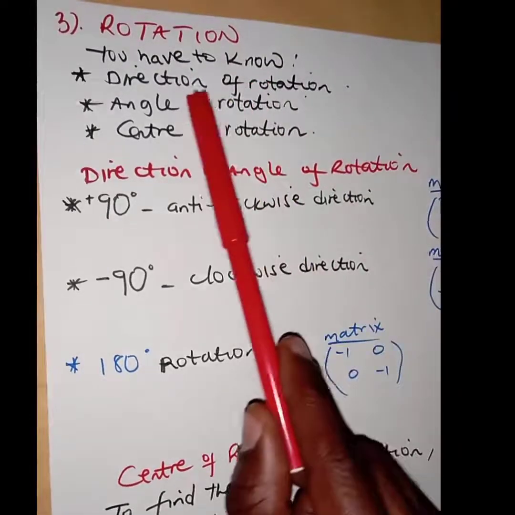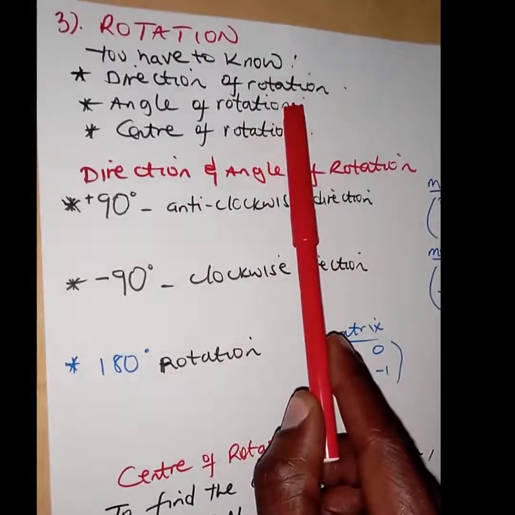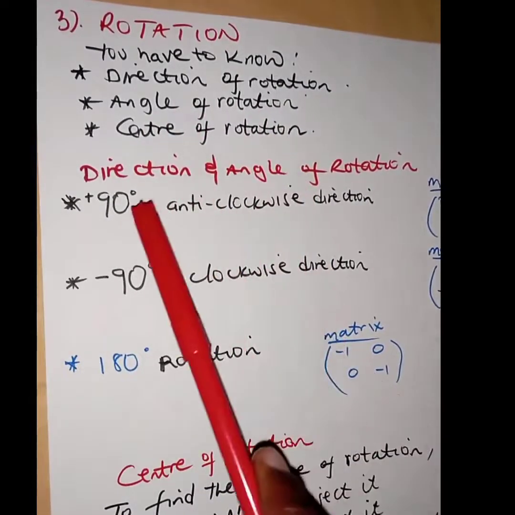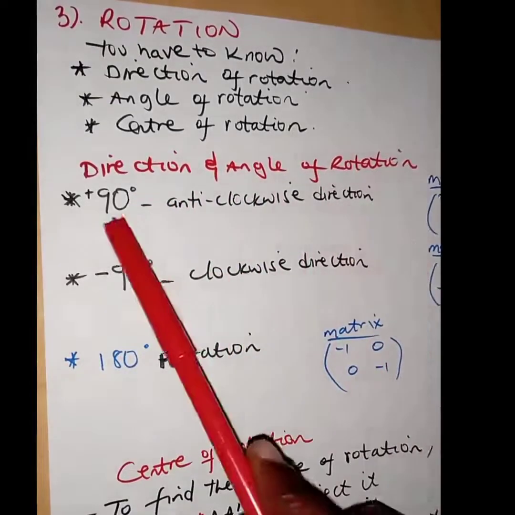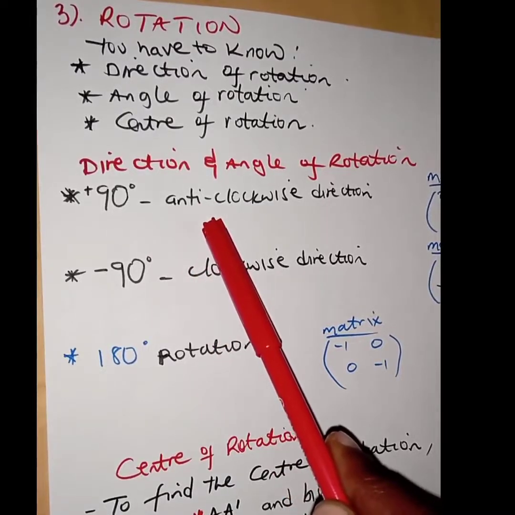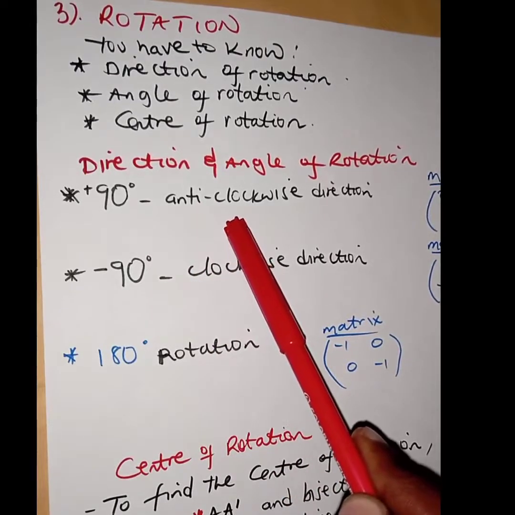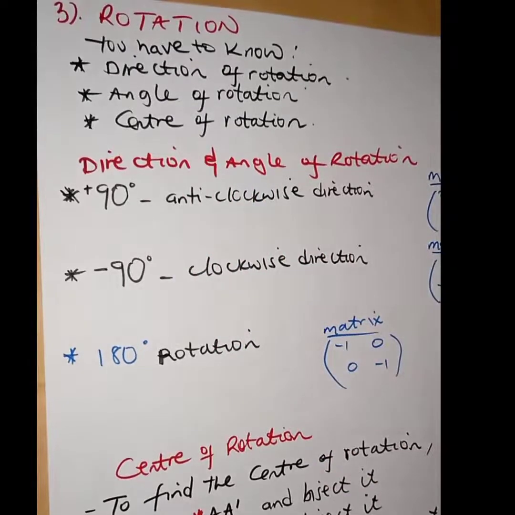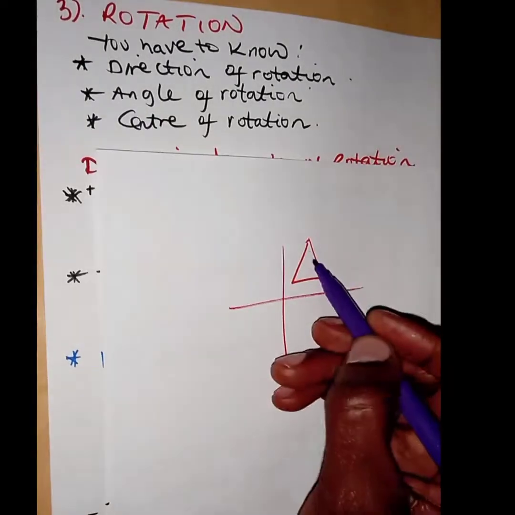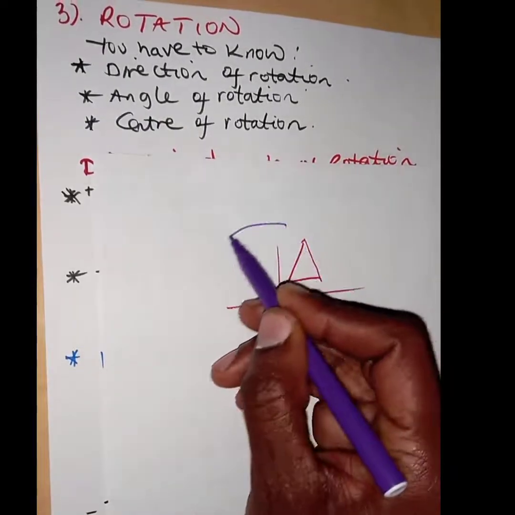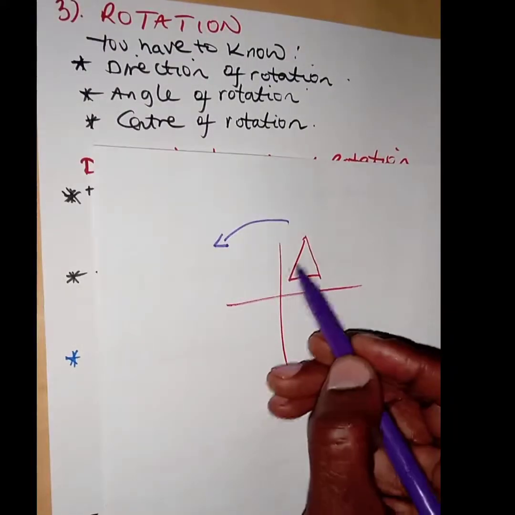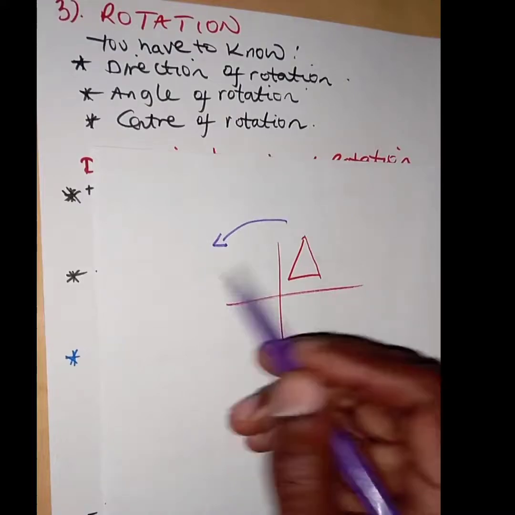So you have to know direction of rotation, angle of rotation, center of rotation. For direction and angle of rotation, we have the positive 90 degrees. For this one, the object has to rotate in an anti-clockwise direction. If you rotate it like this, this is the anti-clockwise.